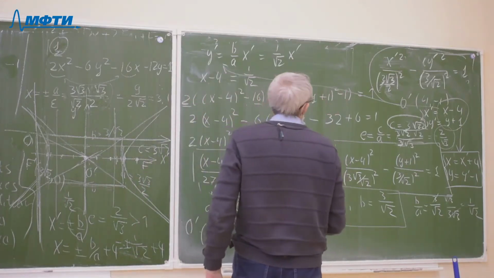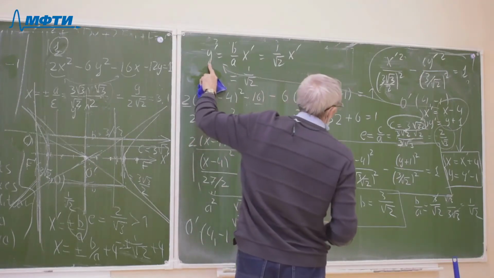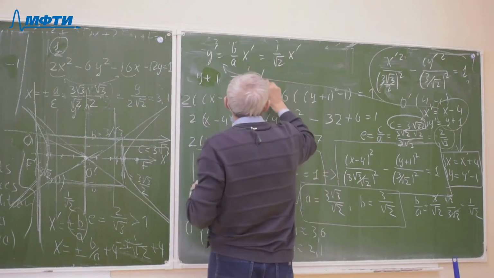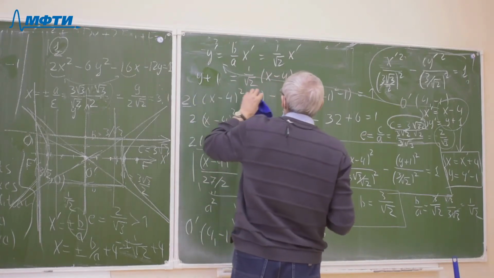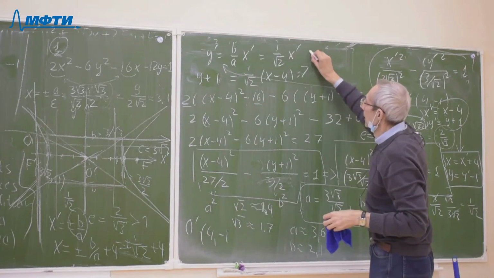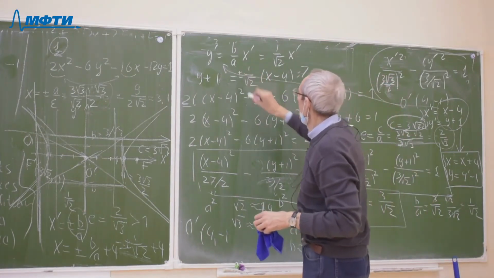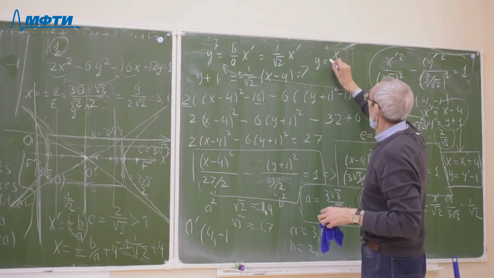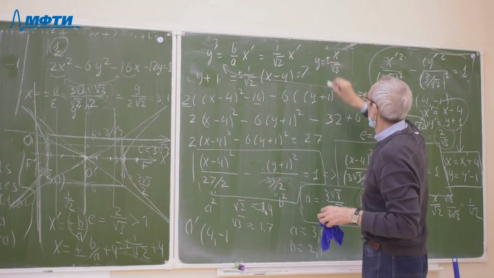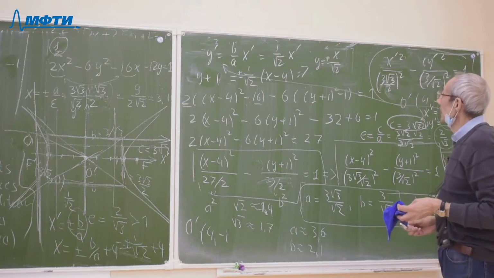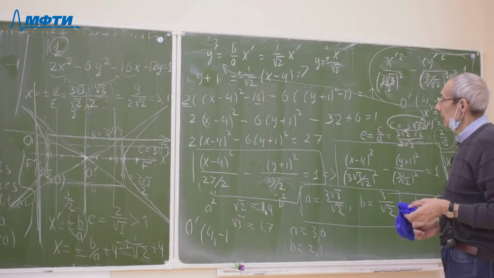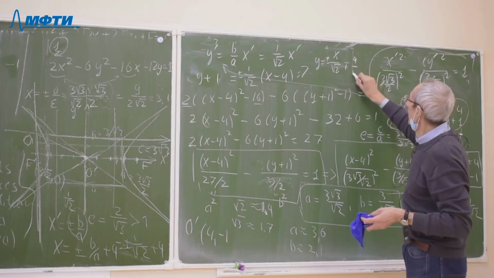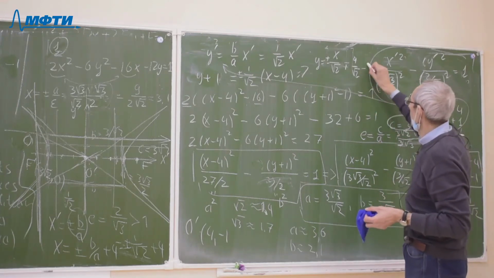Sorry, y prime is equal to y plus 1, and x prime is x minus 4, and we obtain the following expression: y is equal to plus or minus x over root 2, minus or plus 4 over root 2, minus 1.